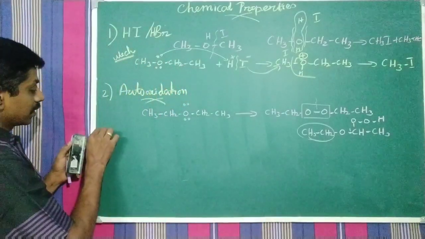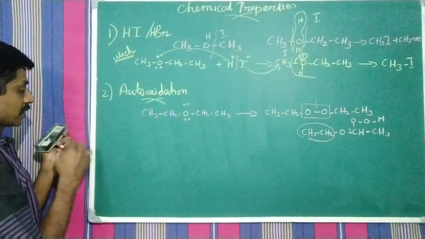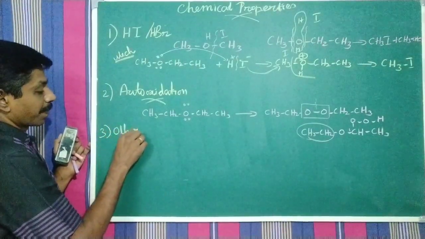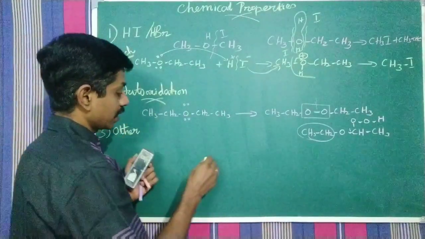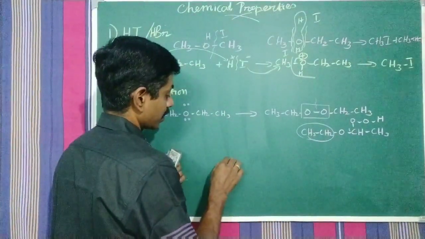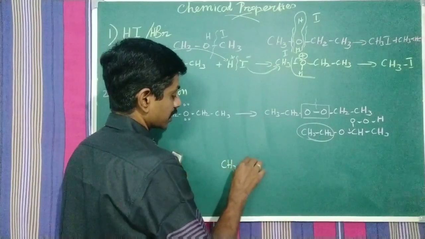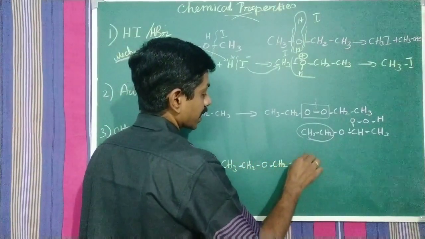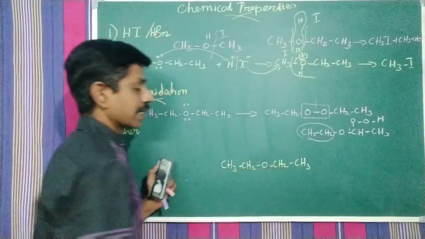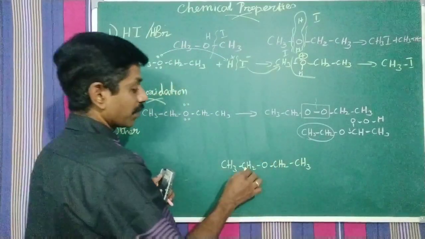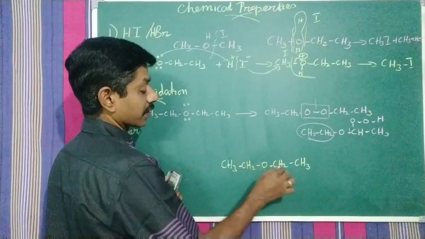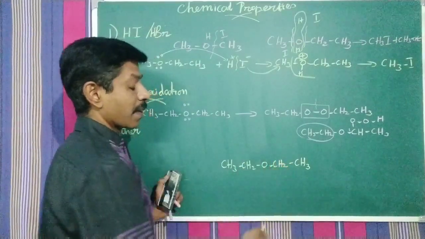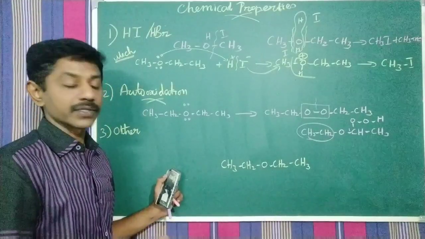And what are the other chemical behaviors of ethers? Other chemical properties. As usual, let us take the ether molecule in the middle so that learning becomes easier. CH3CH2OCH2CH3. I have taken diethyl ether. In some of the reactions, we are adding PCl3 or PCl5, they are all chlorinating agents.